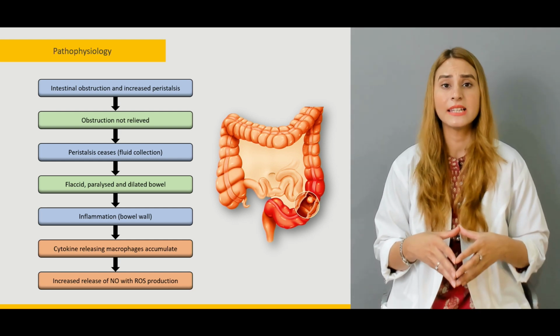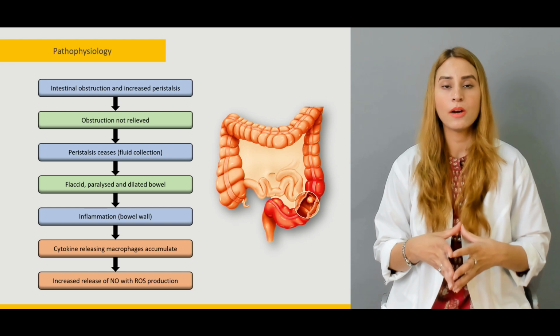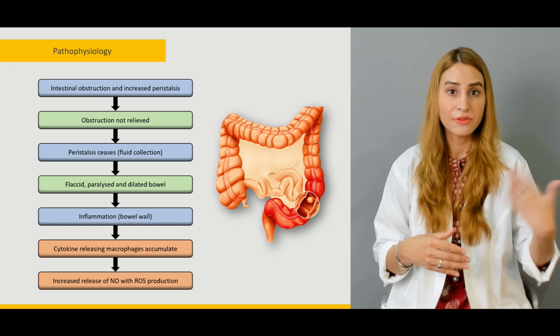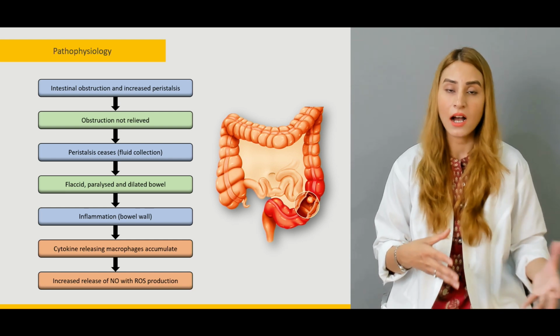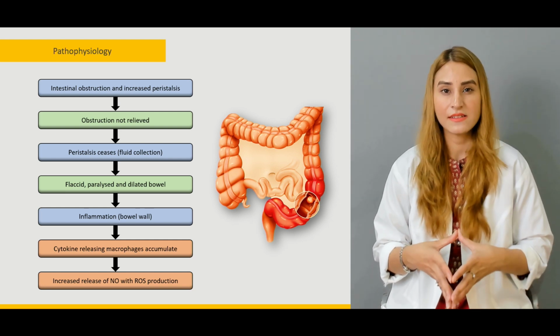But if we talk about the proximal segment of the bowel, there is an increase in the peristaltic activity initially, and if the obstruction is not relieved, that peristalsis ceases.